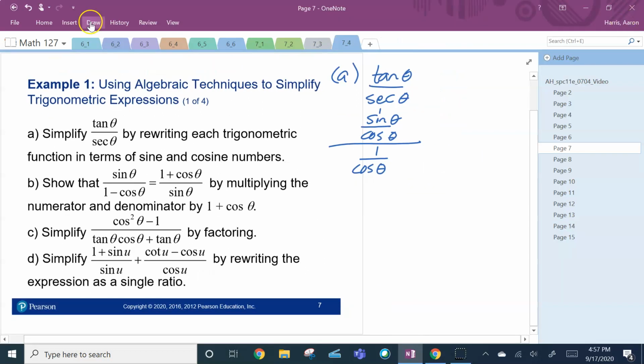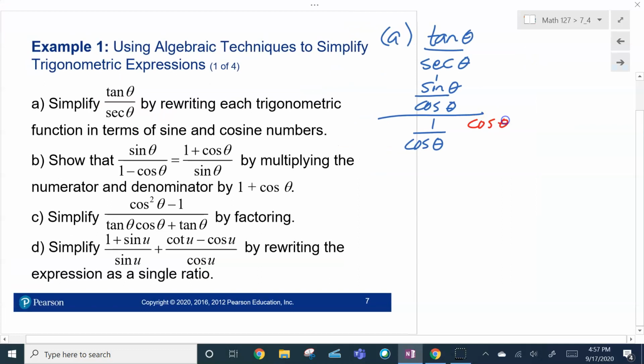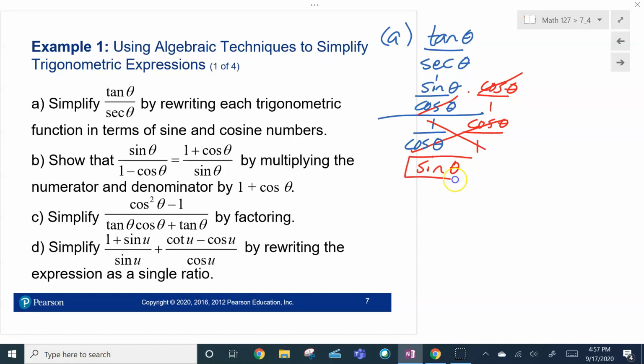So we're just going to multiply by 1, right? We multiply top and bottom by cosine, or the reciprocal, 1 over cosine there. And you notice the cosines cancel, so you're just left with the sine of theta. That's it. We clean that up.